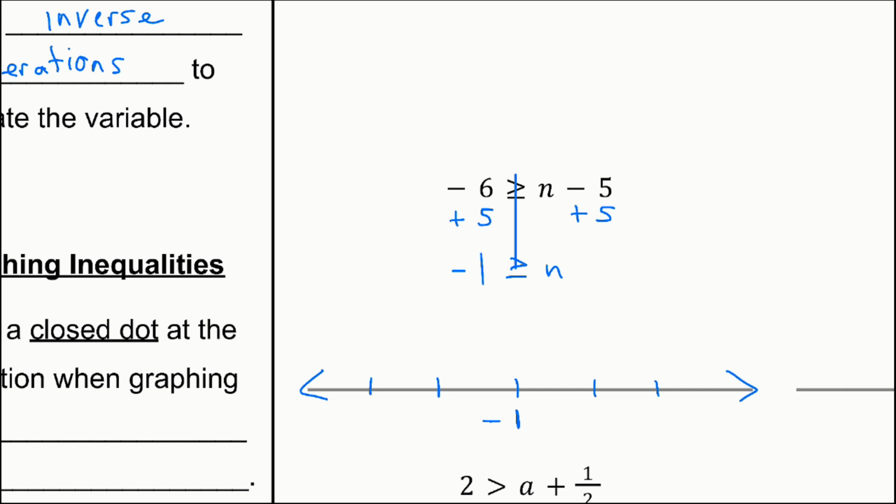To graph an inequality, we're either going to use an open dot or a closed dot, and that depends on what inequality symbol we're using. Solutions to inequalities can be more than just a number. If it was just a number, it would be an equation. But since it can be more than one number, we'll have to shade in the direction that makes our number sentence true.